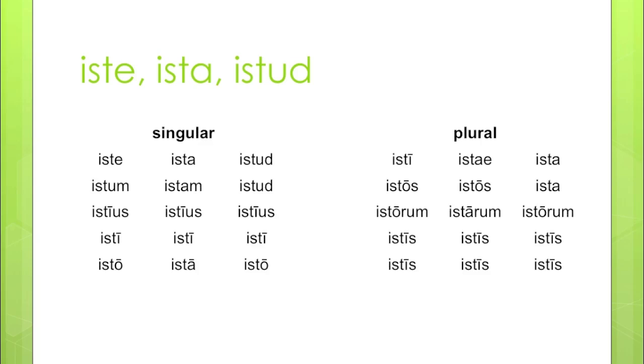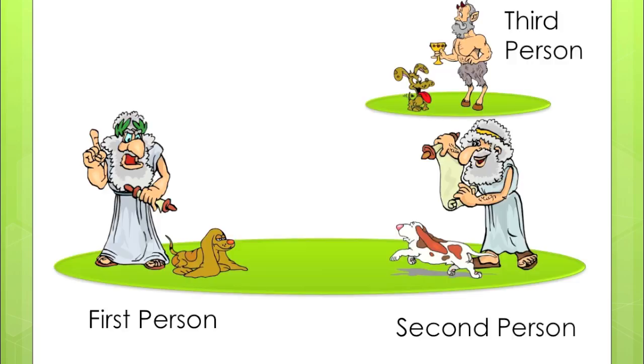So, if you know how to decline ille, illa, illud, you also know how to decline iste, ista, istud. But let's see how this works in practice in Latin.